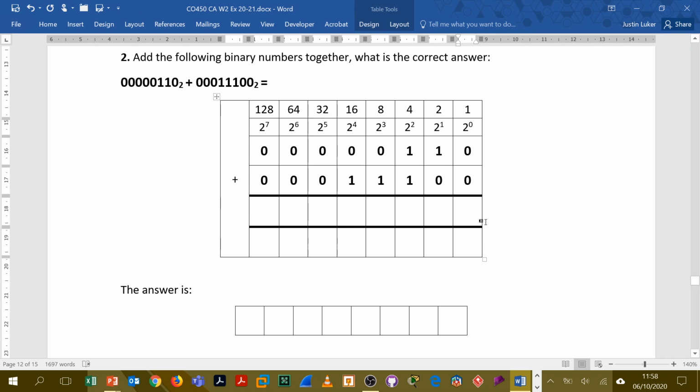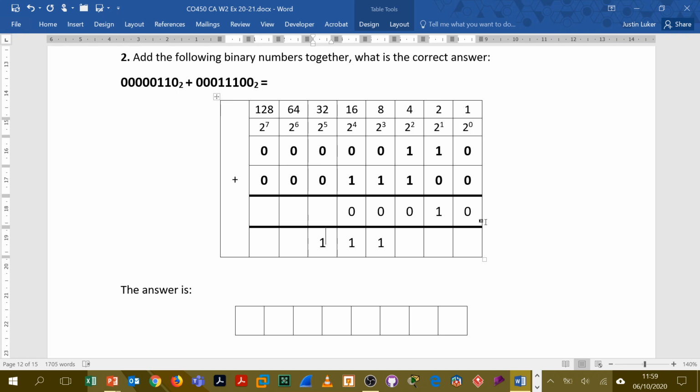So 0 and 0 is 0. 1 and 0 is 1. 1 and 1 is 2, so it has to be 0, carry the 1 across to the next column. 0 and 1 plus the 1, so 1 and 1 is again 0, carry the 1. 0 and 1 plus the carry 1 is again 1 and 1, 0, carry the 1.